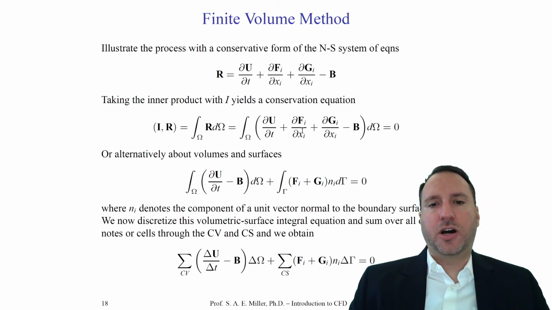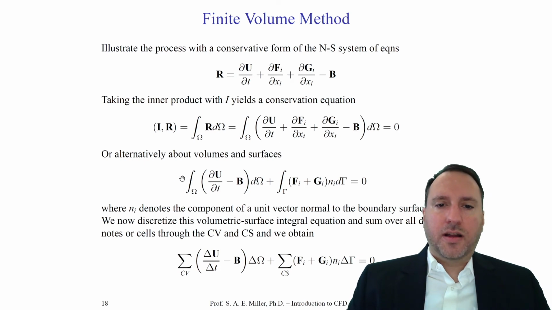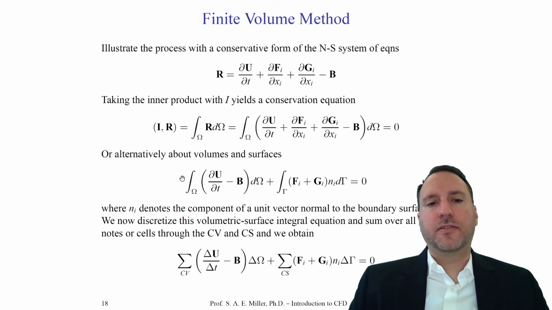We can split this up through vector calculus and the theorems of Ostrogradsky and Green, into two integrals. The first one is a volume integral over the whole domain omega of partial u partial t minus b, which is the right-hand side vector, plus the fluxes through the domain. There's these flux terms. This is a surface integral of f and g.